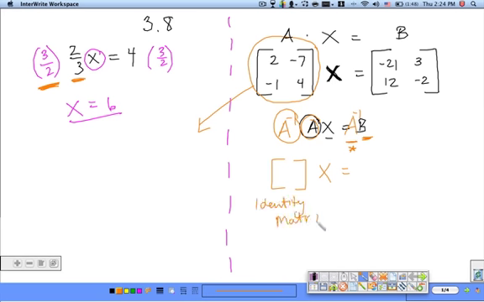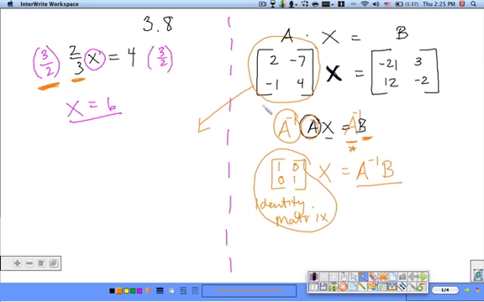The identity matrix is like the number 1. So here's the identity matrix. Circle that. Know that term. X equals basically the inverse of A times B. So all you have to do is figure this part out right here, and we're finished.